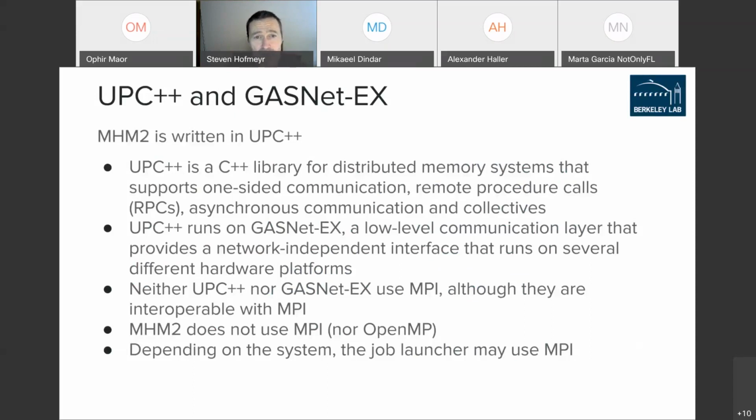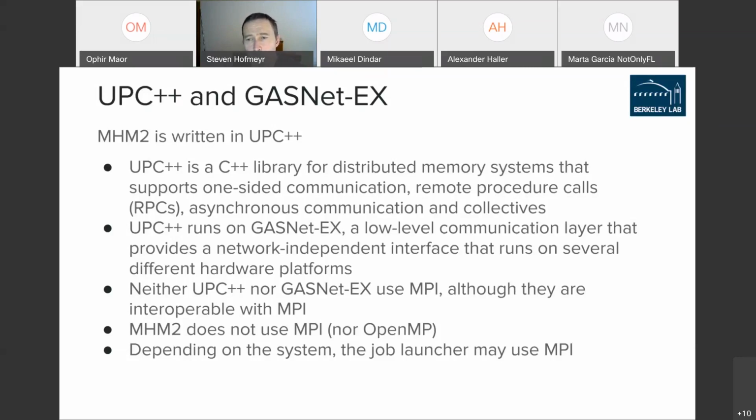MetaHipMer2 is written in UPC++, which is basically a C++ library that allows you to run a parallel program on a distributed memory system. It has support for one-sided communication, RMAs, so you can do remote puts or gets to a global memory.